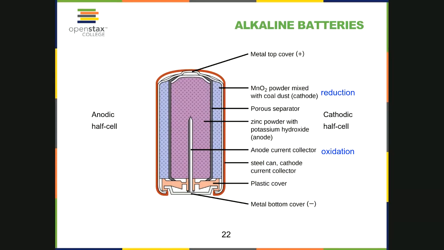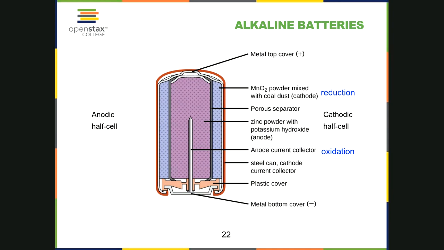We started this chapter looking at things like electric cars, cell phones, laptop computers, and medical devices, things that cannot be heavy. If they're heavy, they're just not going to be useful. So this is the first improvement in reducing the weight to still get sufficient electrical potential.